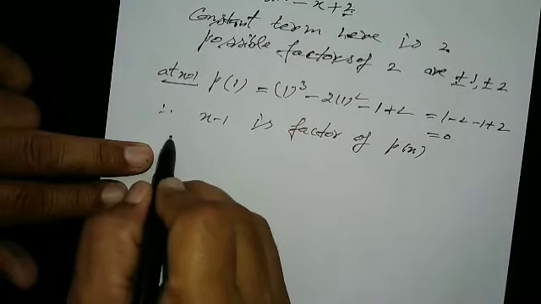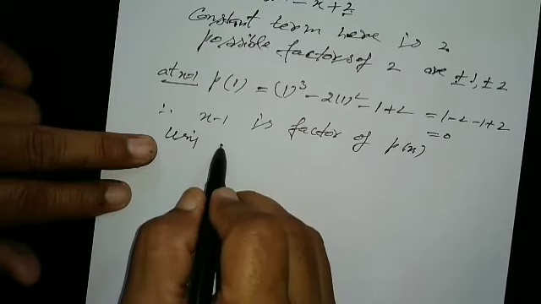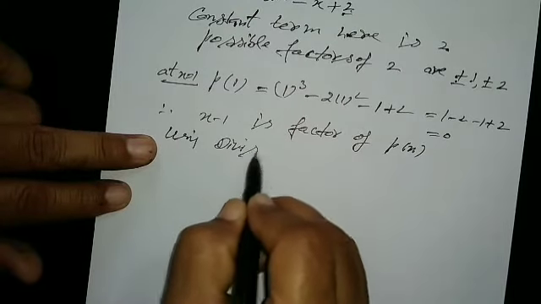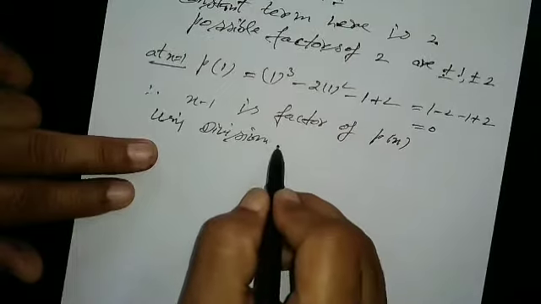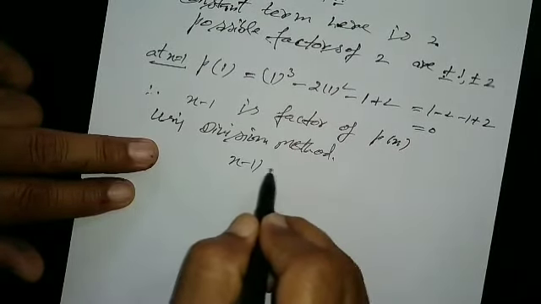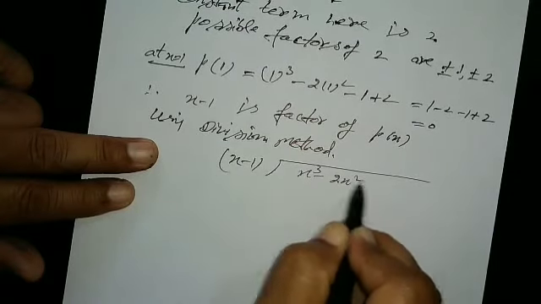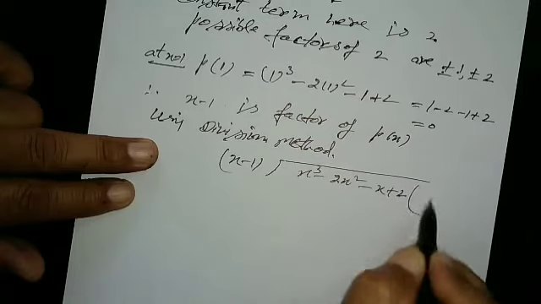So use the division method. Divide x cube minus 2x square minus x plus 2 by x minus 1.